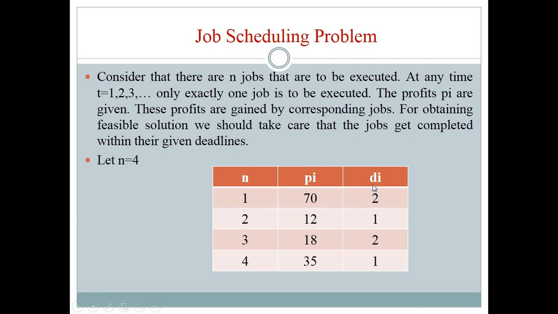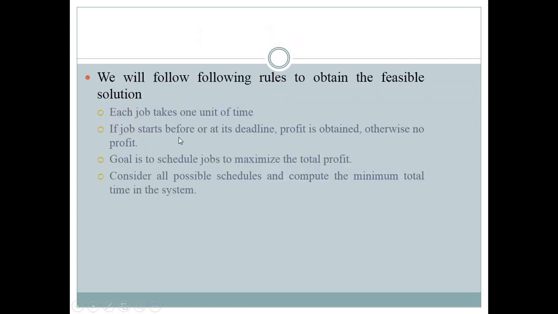But if we execute it at 3 units of time, then it will take 1 unit of time to complete, but it will not give its profit. So it is necessary that it starts before or at its deadline, and only then can we gain its profit.